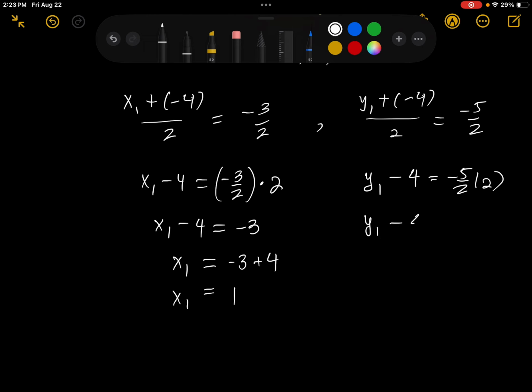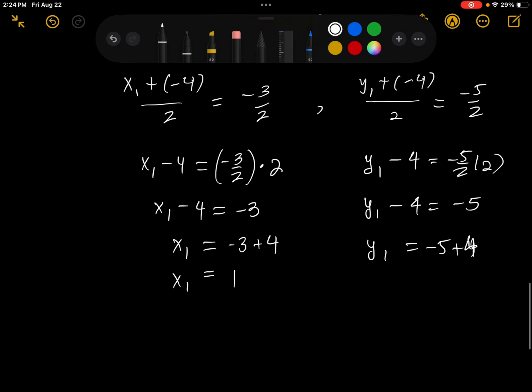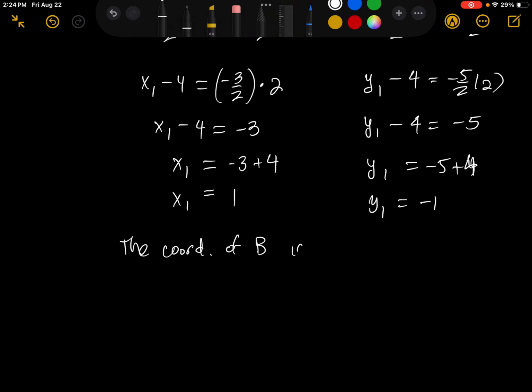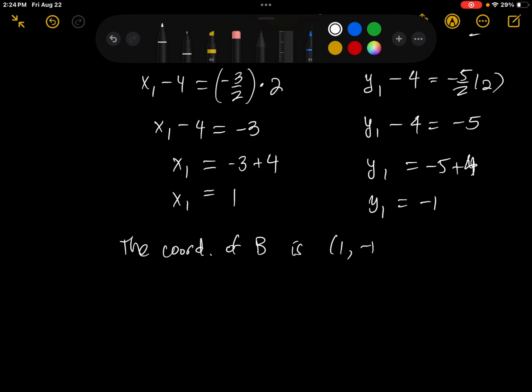That's y1 minus 4 is equal to negative 5. Add 4 to both sides. I get negative 5 plus 4, which is negative 1. So the coordinates of B are (1, negative 1).